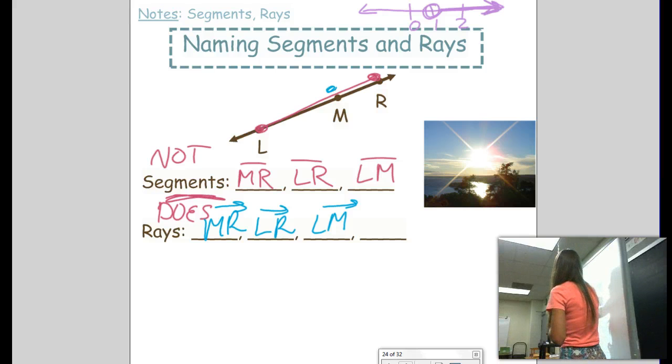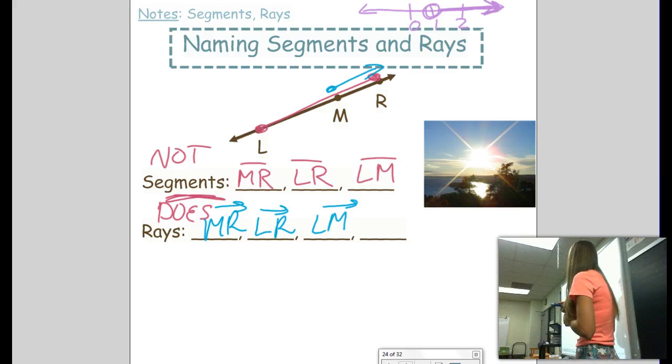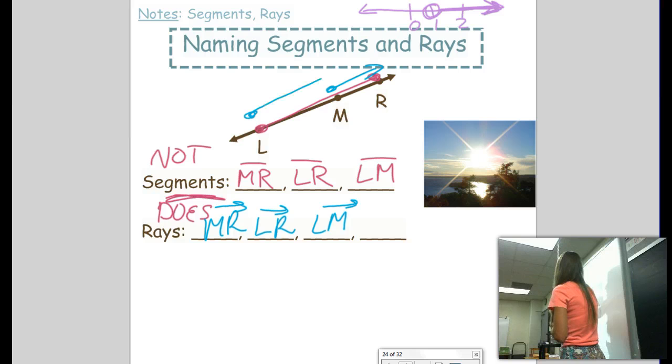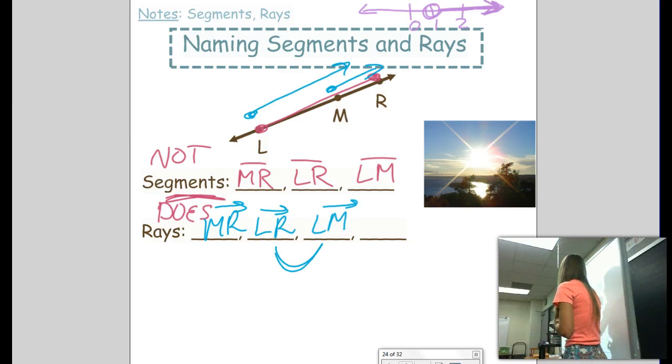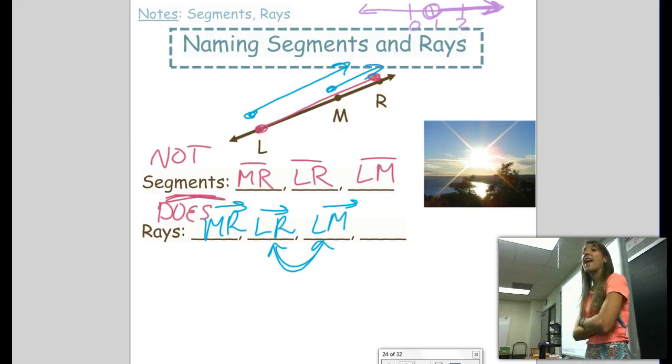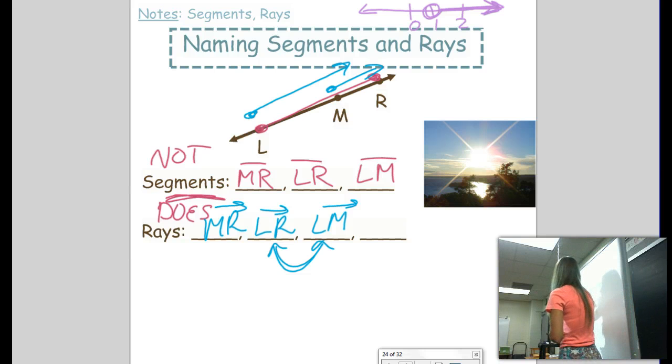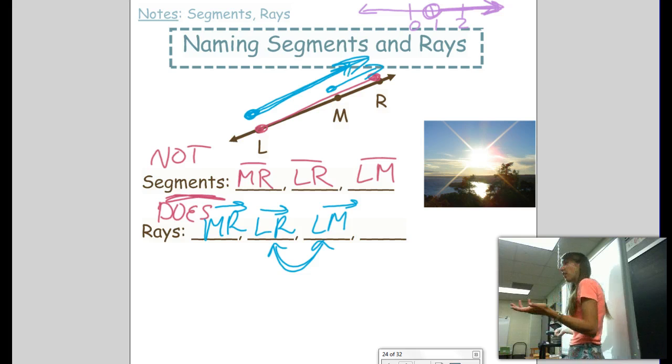So MR starts here and goes there forever. LR starts over here and goes there forever. LM, ooh, guess what? LR and LM are the exact same ray. Can you see that? It says start at L, go through R, and continue forever. And this one says start at L, go through M, and continue forever.